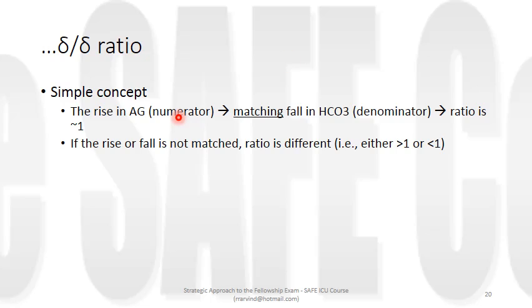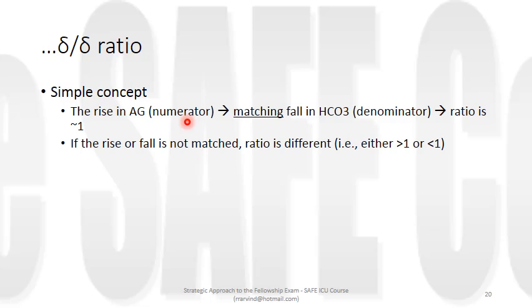So if you have a very simple system in the blood where every excess lactate is going to be buffered by a bicarb, then for every 1 millimole rise of lactate, there will be a 1 millimole fall of bicarb. So there will be a matching fall of the bicarb.